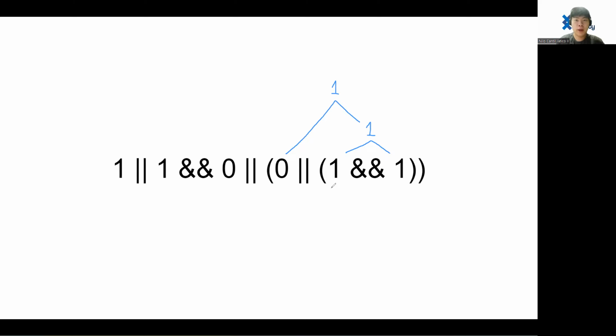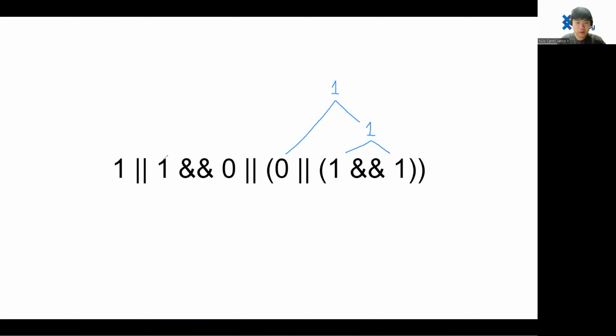So we know that and goes first before or. So we'll have to solve this one first, the 1 and 0, before we do the or statements. You can't do 1 or 1 first before the result of this one. It's always the and first.